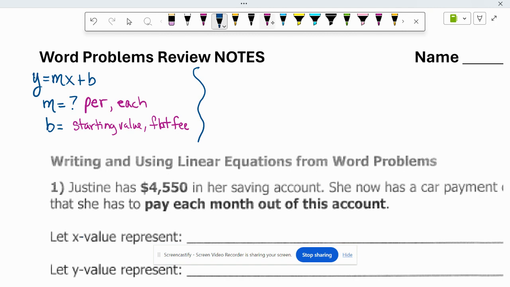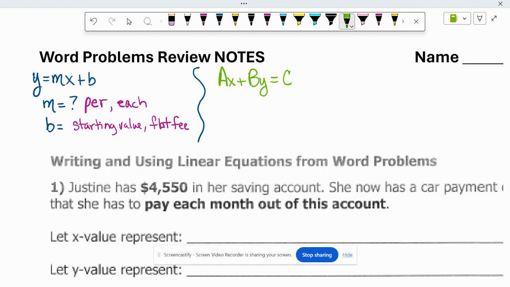So the next type of equation that we write linearly is in this form. This is standard form, okay? And we use this when we're given two variables and that's it. Like maybe two prices.